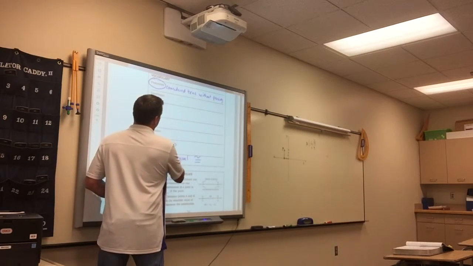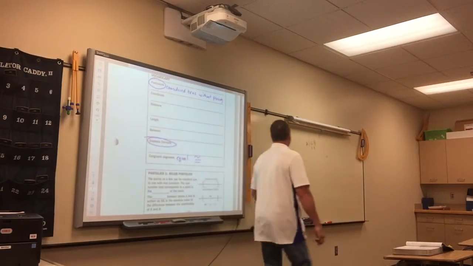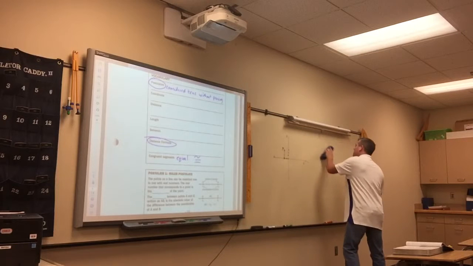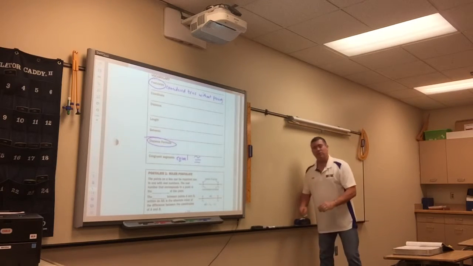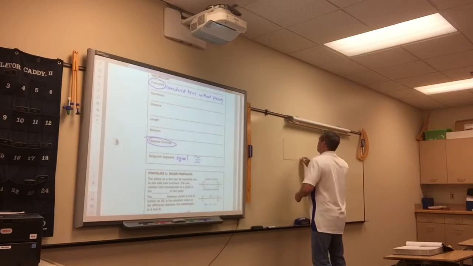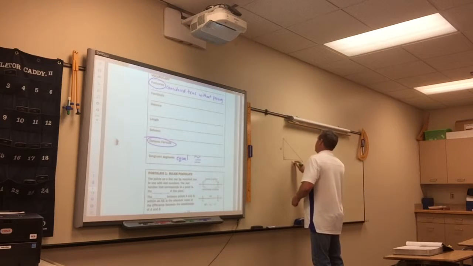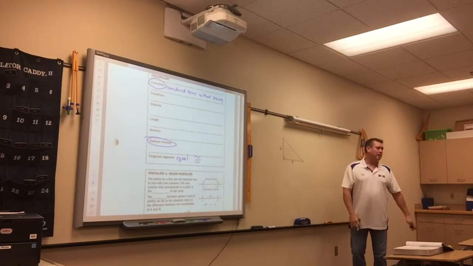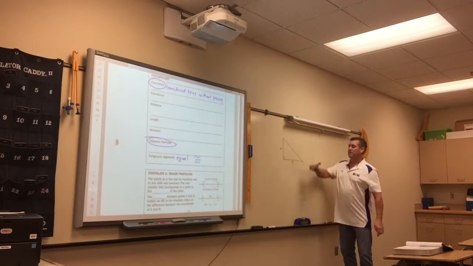Now this is what we're doing, the distance formula. We did it last year. You probably remember it more from this. If you've got a right triangle, and you know 2 of the legs, do you remember how you can find the length of the third leg?